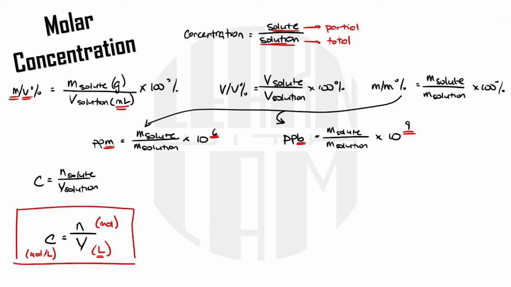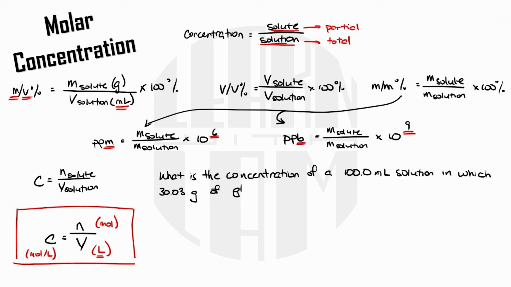Alright, question time. What is the concentration of a 100.0 milliliter solution in which 30.03 grams of glucose is dissolved? Well, first, we've been given volume, so that's 100.0 mL, but we can see here that we need volume in liters, so we'll use unit analysis to fix that.